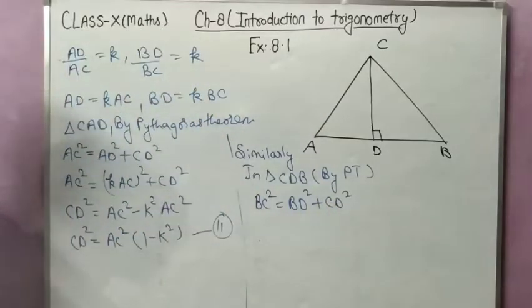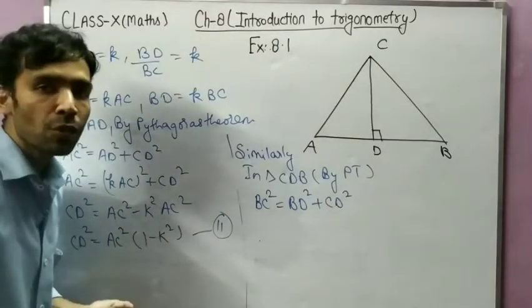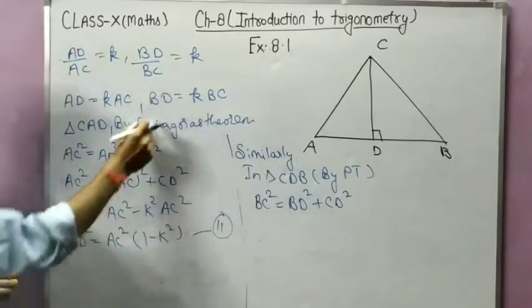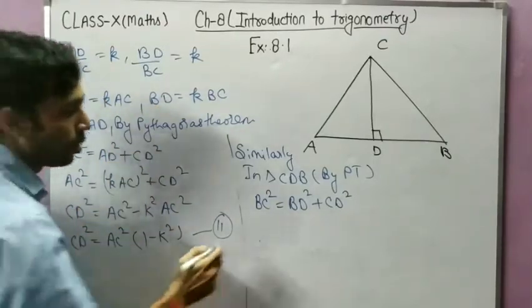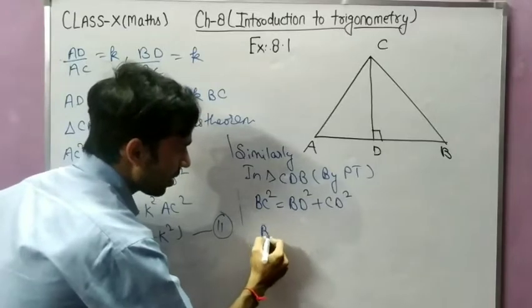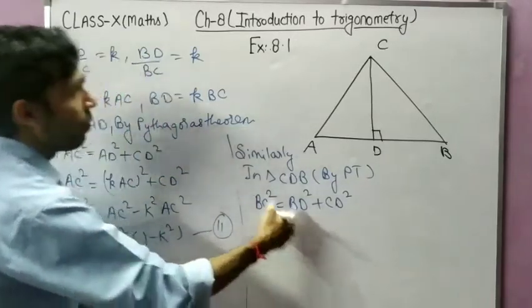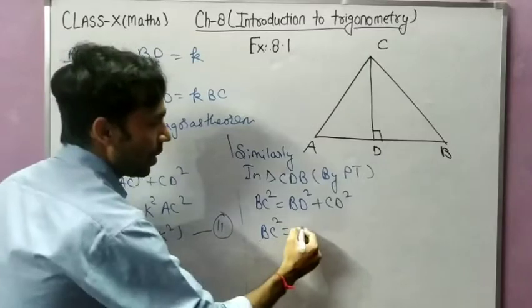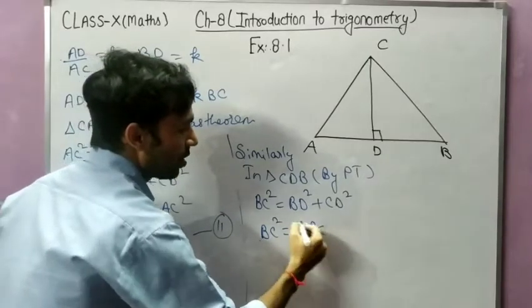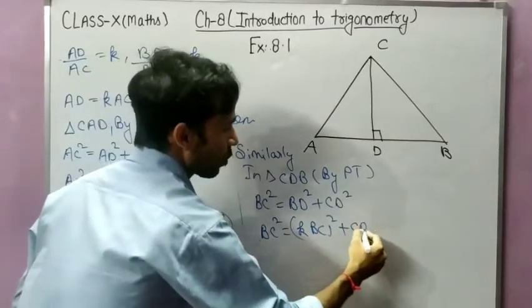We can do that, student. Hypotenuse square is equal to base square plus perpendicular square. Now BD, the value of BD we know, student. So BC square is equal to, value of BD you can put from here. So it will be K BC whole square plus CD square.